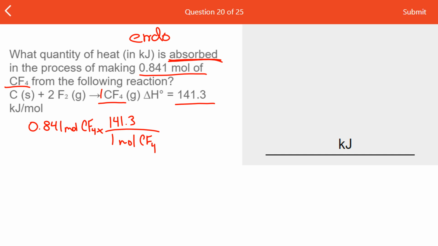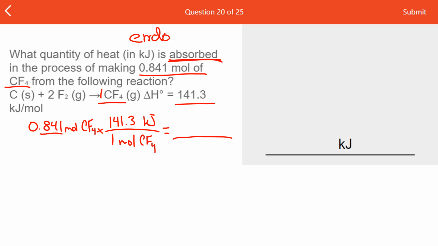Good. Now, what if instead of asking for carbon tetrafluoride, it had asked for just fluorine, what would I have put on the bottom of that? A 2. All right. So it does go by coefficient there. You solve it. Answer needs to be in 3 sig figs still.